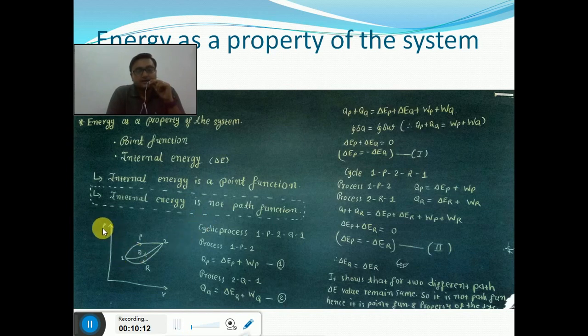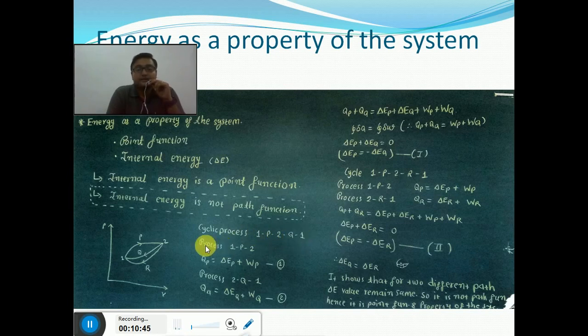Here I am taking 3 processes on a PV diagram, where 1 and 2 are the endpoints. 1 is the initial state, 2 is the final state. There are 3 curves through which this cycle can be completed. One cycle is 1 to P to 2 and 2 to Q to 1.